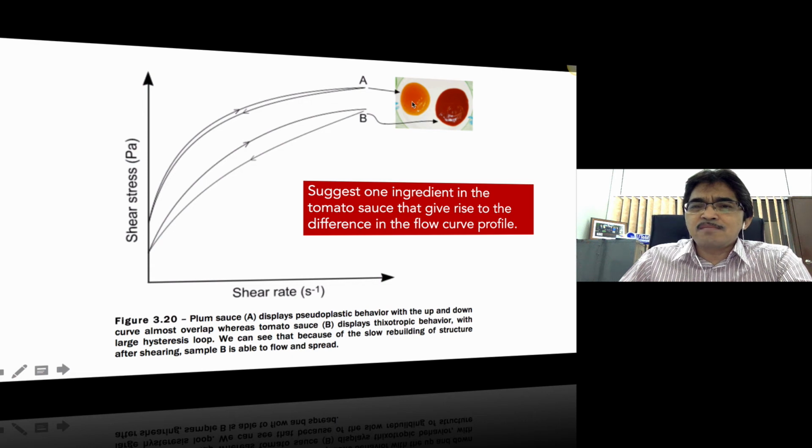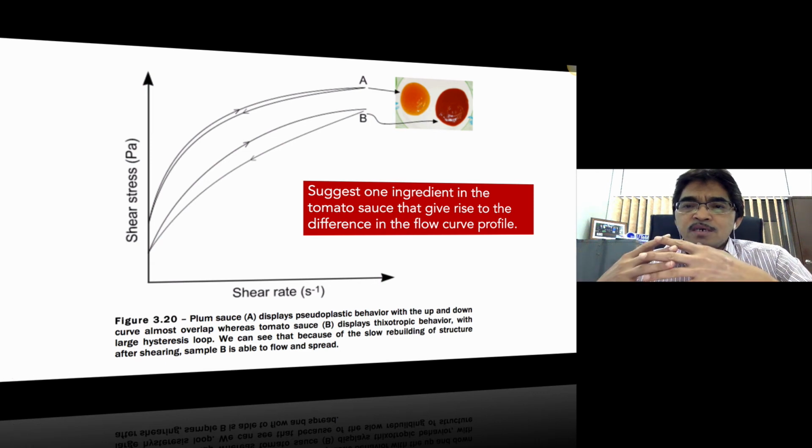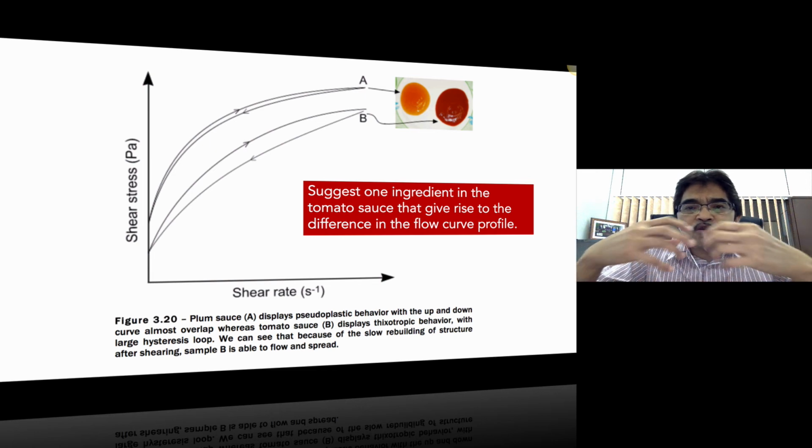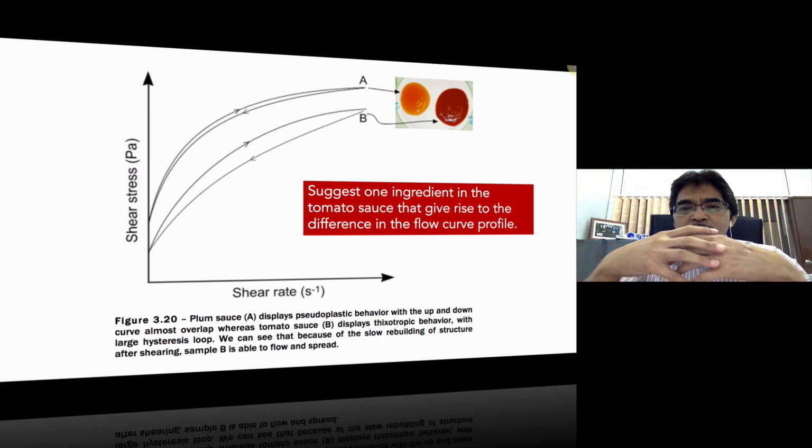So xanthan gum is known to have the ability to rebuild the structure faster. The polymer will recoil, like when you stretch a rubber band, and the rubber band goes back to the original shape very quickly.